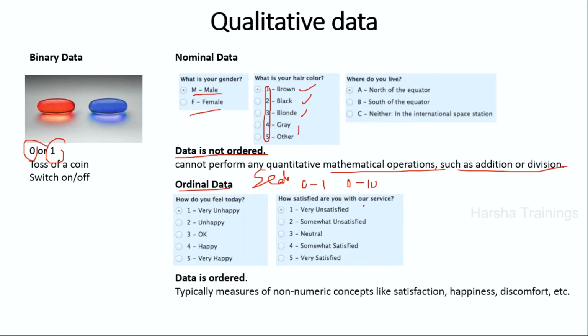Here we are following the data in the form of a specific scale. 1 means unsatisfied, 5 means very good. Here ordinal data means the data will be ordered. Typically, I can use a non-numerical concept like satisfaction, happiness, discomfort, etc. in categorical data. Is it okay?